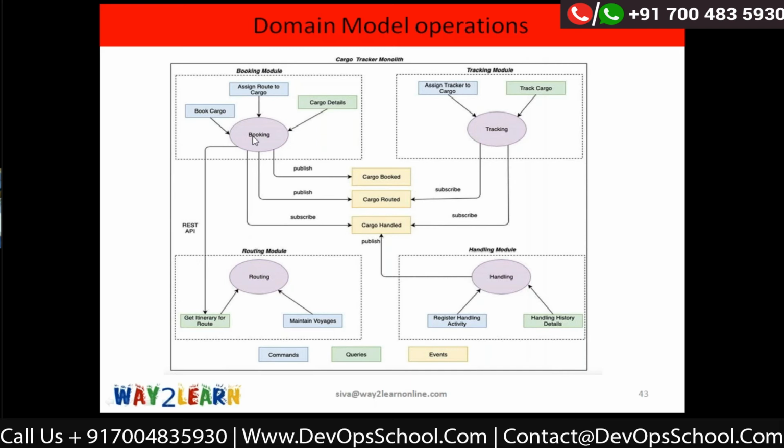Then the cargo is changed. So this is one more command. And view cargo details, what it's doing, it will just query the state of the aggregate. So this is an example of a query operation. Similarly, here, get itinerary for route.